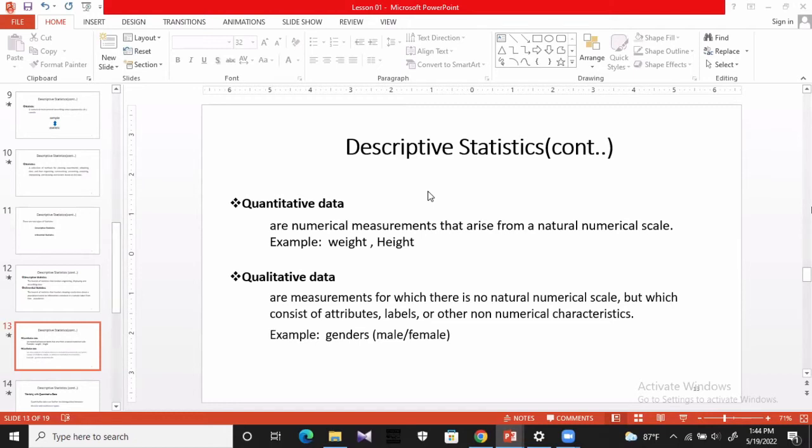If we collect our data in the previous example gender-wise, the heights of male students and heights of female students separately, then what is the qualitative data there? Gender.